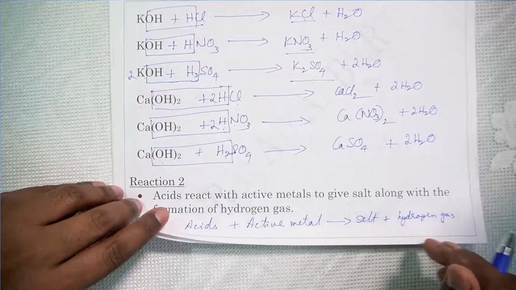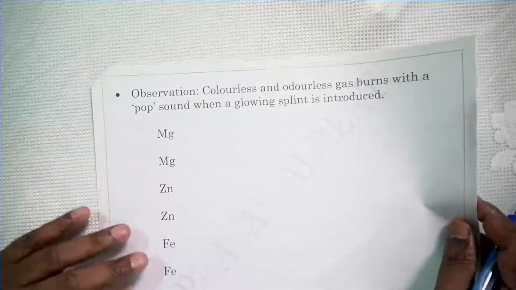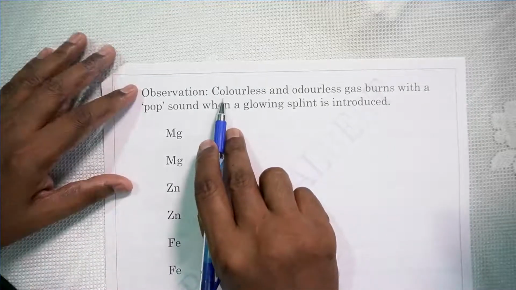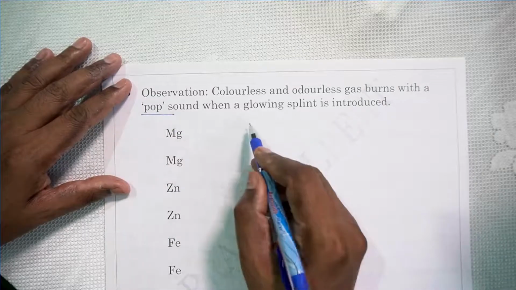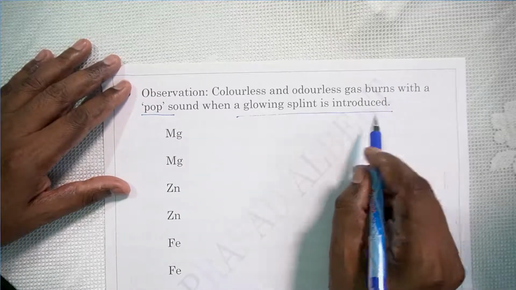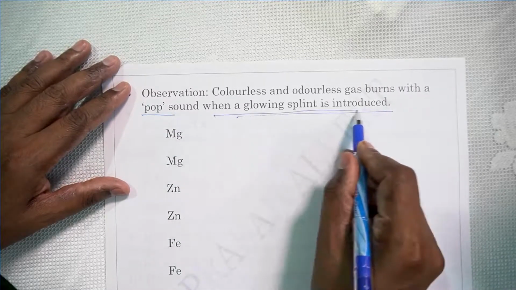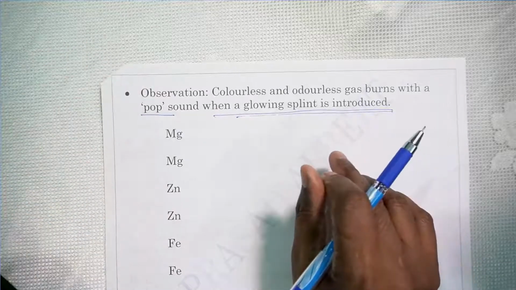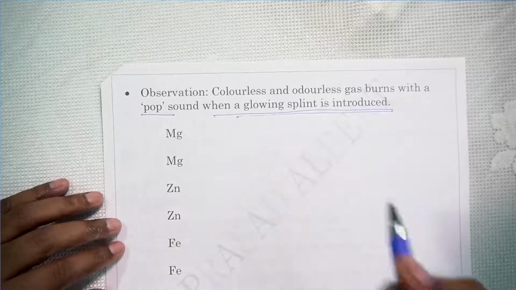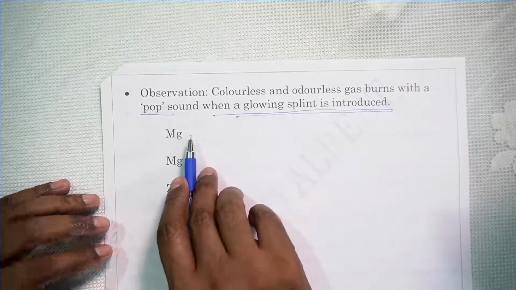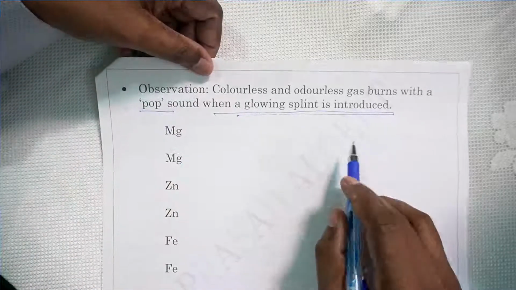Now if hydrogen gas is coming, what is the observation? Hydrogen is a colorless and odorless gas. It burns with a pop sound when a glowing splint is introduced. Don't forget to write when a glowing splint is introduced. Hydrogen coming out of a test tube or a gas jar does not burn itself. Only when you introduce a glowing splint, it burns. So always write that.